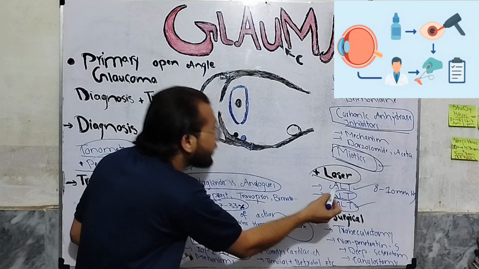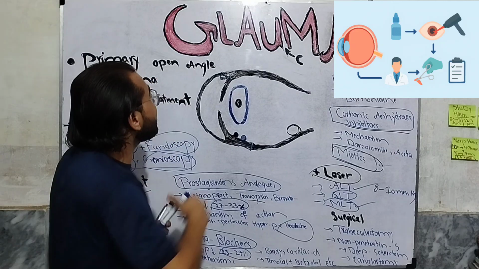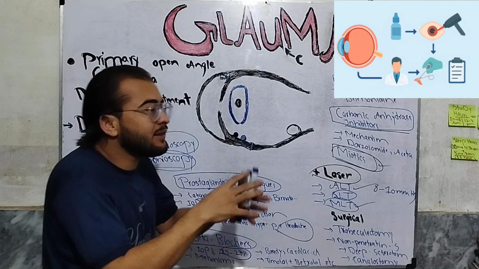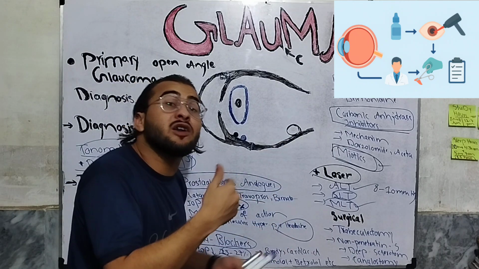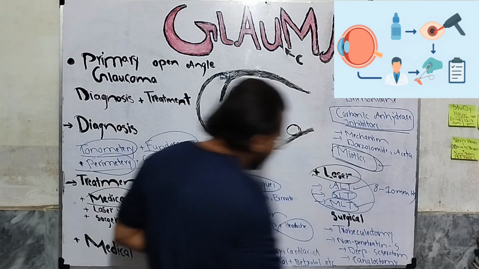So the damaged cells can be activated by this micropulse laser, and when they are activated, they will perform their job and make some space in the trabecular meshwork. So these are the laser treatments.